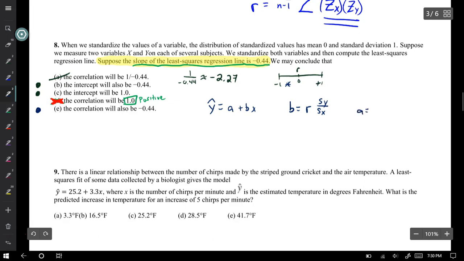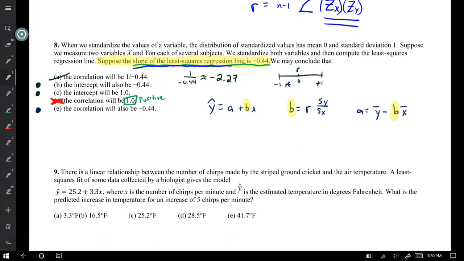And I have a equals y bar minus b times x bar. Remember, b is the slope. So these are my 3 equations off the top of the formula sheet that deals with the slope and regression line. Well, which one is it?